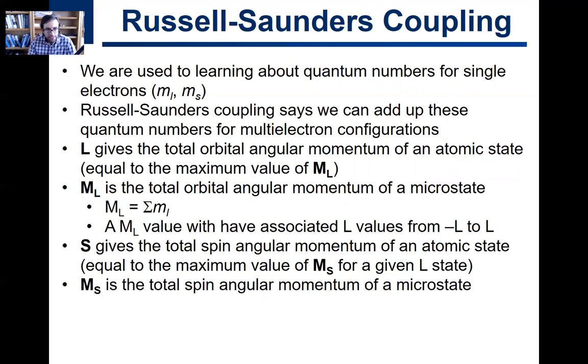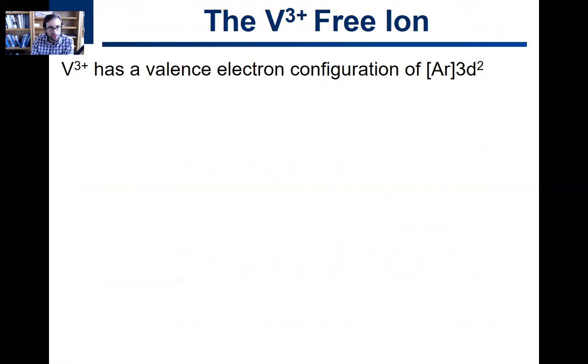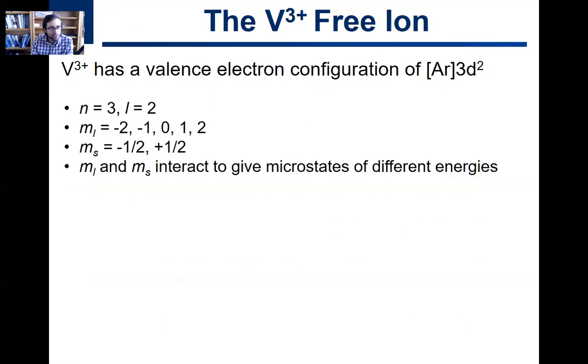And capital M sub S is the total spin angular momentum of a microstate. Again, it's a summation of the lowercase M sub S's, and this can vary from negative S to positive S, okay? We'll go through this and it'll be more clear with an example.